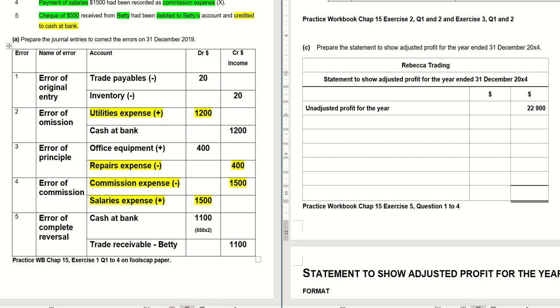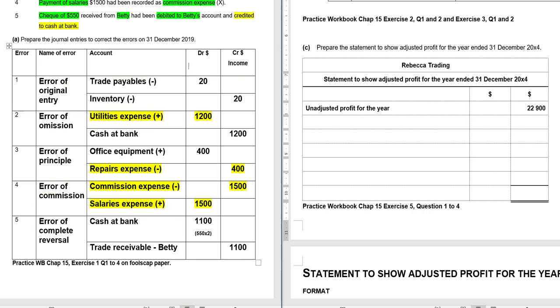This helps you to remember: for any account that is an income or an expense, if there is a credit correction, then it will increase the profit for the year. I repeat again. If this account affects the profit for the year, that means it's an income or an expense, and the amount is in the credit column, then it will increase the profit for the year.